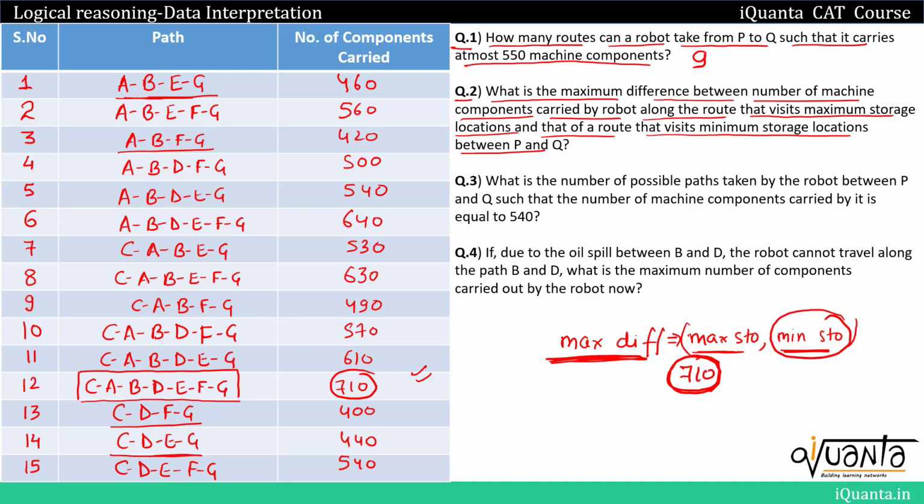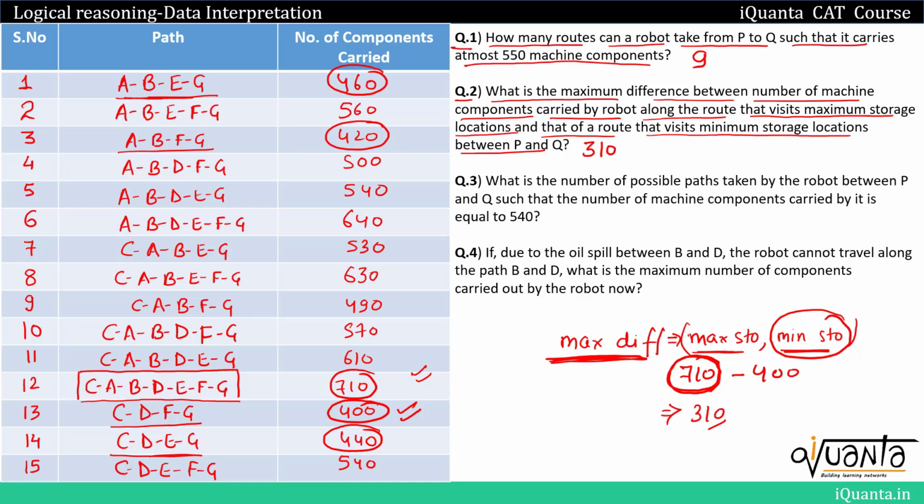That means the route going through minimum locations must be as small as possible to maximize the difference. So in one case it is 460, it is 420 also, then in one case it is 400 and 440 as well. To maximize the difference, we will choose the route with minimum components. So it is 400 over here, so the maximum difference will be 310. So 310 will be the correct answer to the second question.